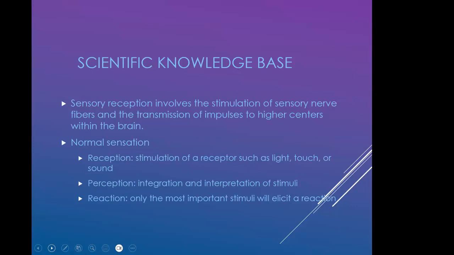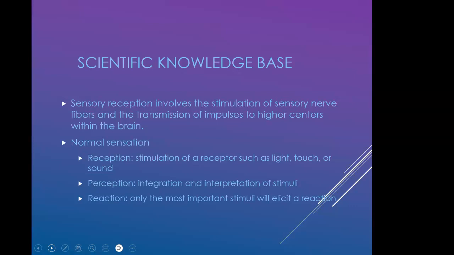So, you receive a stimulus, any type of stimulus, like I said, such as light, touch, or sound. That's reception. How you perceive that stimulus is perception. For instance, let's say you touch something and it's hot.